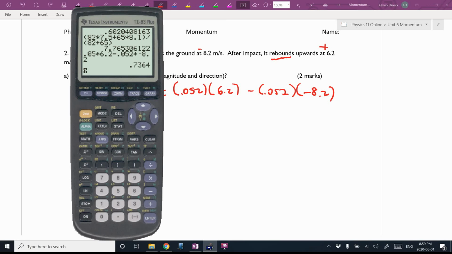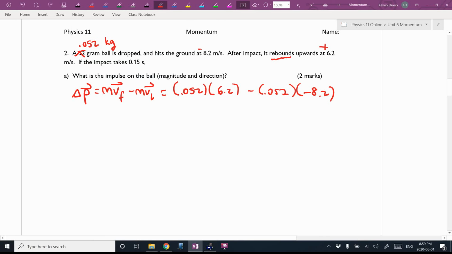No, I got a typo. Let's try that again. 0.052 times 6.2 minus 0.052 times negative 8.2. I get 0.7488. 0.749 kilogram meters per second.